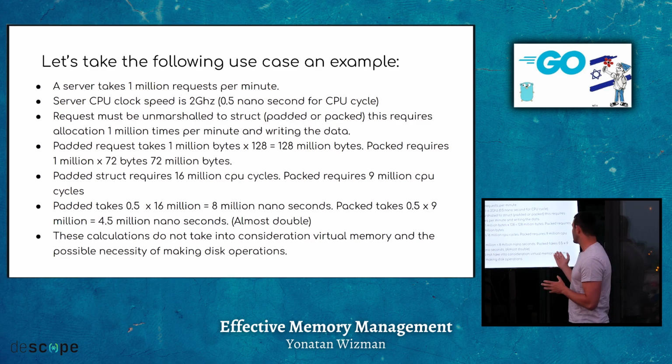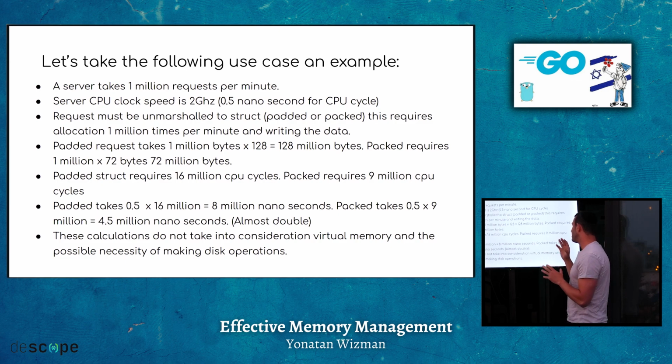So based on our example, in case we have to unmarshal every one of a million requests. In the case of the padded struct, we have to basically marshal 128 bytes times 1 million, which would be 128 million bytes, right? And in the second scenario, with the 72 bytes, we are marshaling 72 million bytes, right?